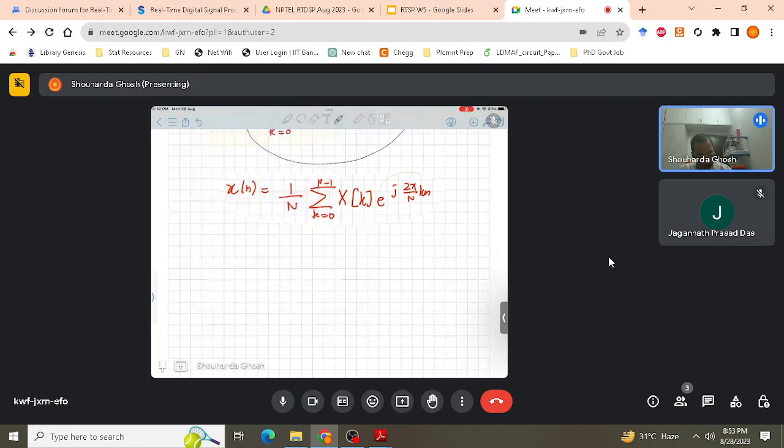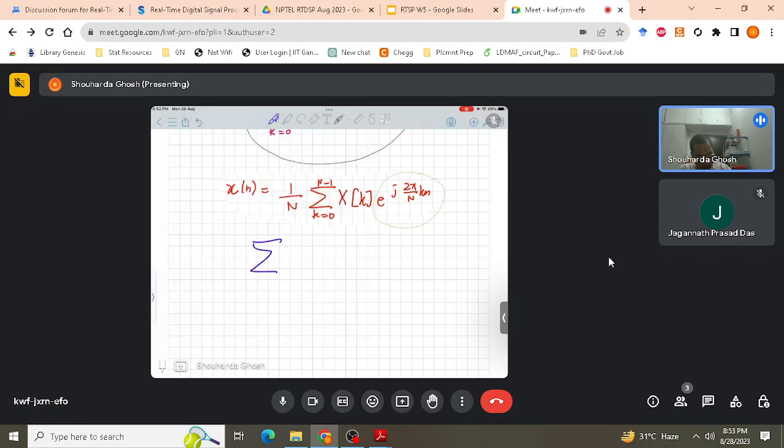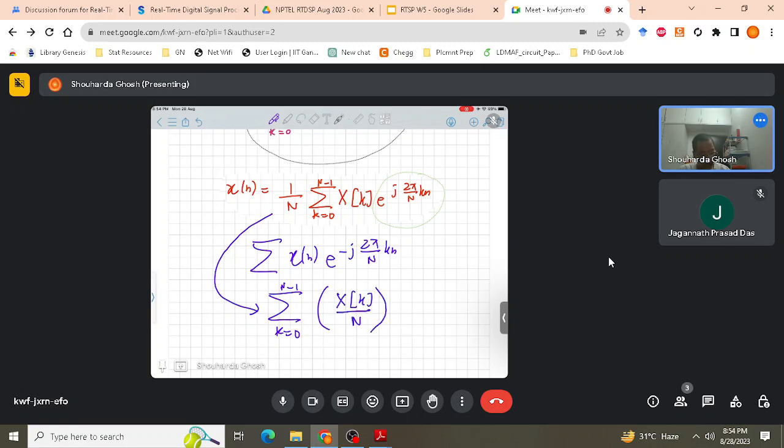We need e to the power j 2 pi kn upon N, and in the original we had summation x of n e to the power minus j 2 pi kn upon N. Then let me tell you what to do over here. First thing first, put the scaling factor inside. Once you put the scaling factor over here, you consider this itself as a scaled input, times e to the power j 2 pi kn upon N.